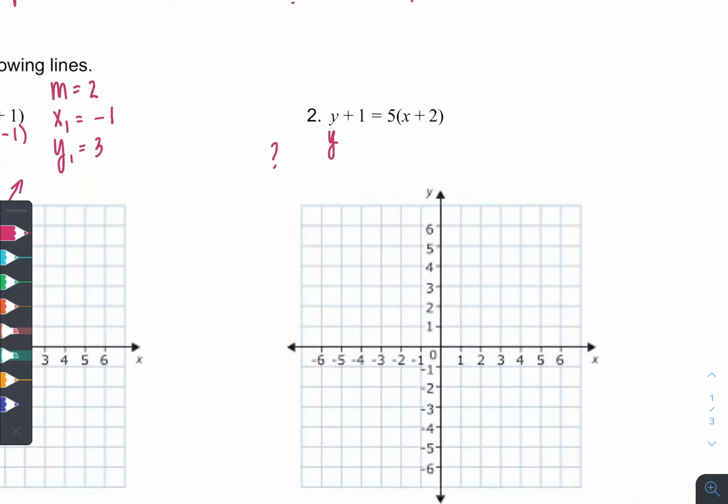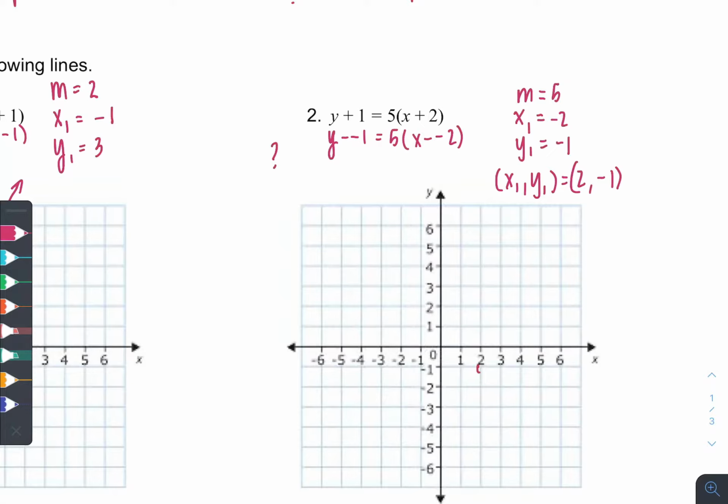So I'm going to rewrite this as y minus negative 1 equals 5 times x minus negative 2. So m is equal to 5, x1 is equal to negative 2, and y1 is equal to negative 1. So the point x1, y1 is equal to negative 2, negative 1.